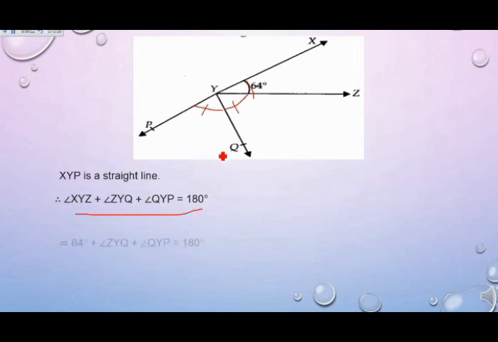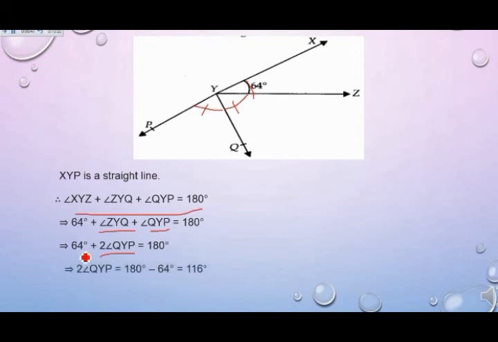So we can write 64 degrees plus angle ZYQ plus QYP is equal to 180 degrees, or twice of angle QYP plus 64 is equal to 180 degrees. Transposing 64 to the other side, we get twice of angle QYP is equal to 180 minus 64, that is 116. And hence angle QYP is equal to 116 divided by 2, that is 58 degrees.